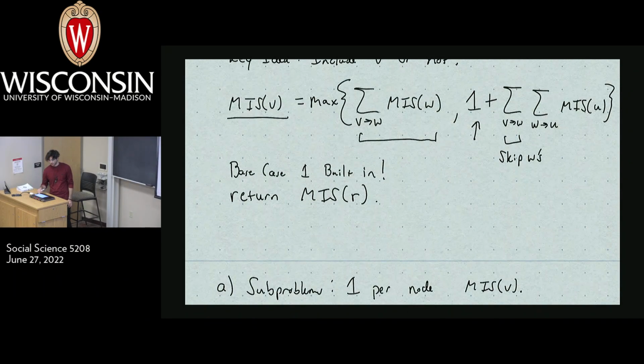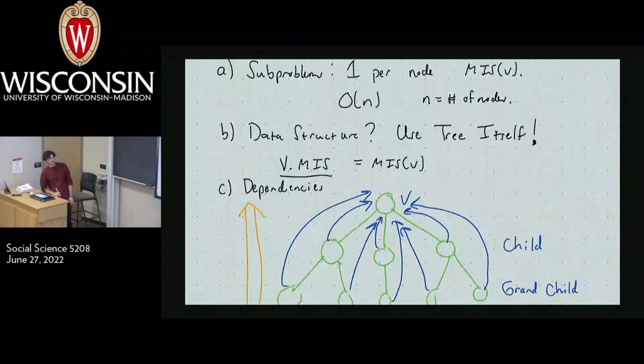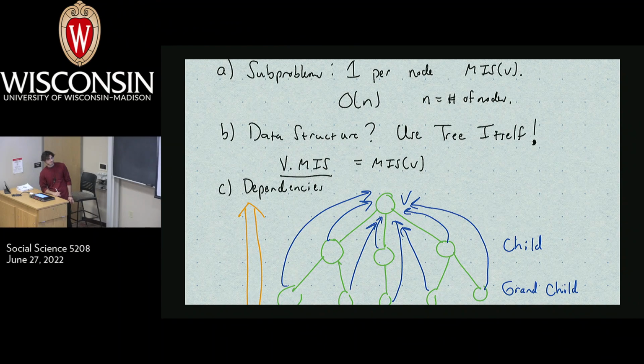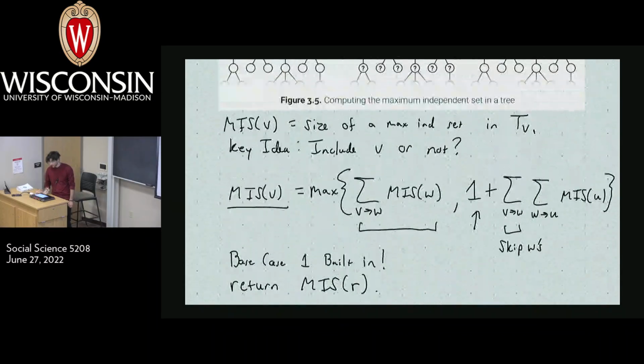So you're going to store that solution into an attribute at the node. So it's the maximum independent set on the tree rooted at node V. So essentially, you're computing all of these, and then you save it to a variable inside the node itself.